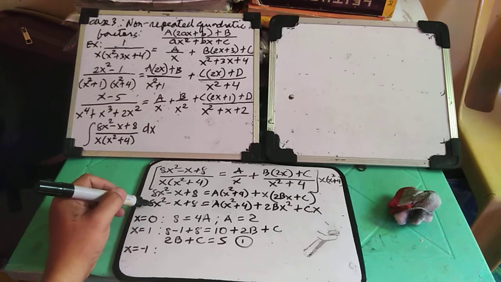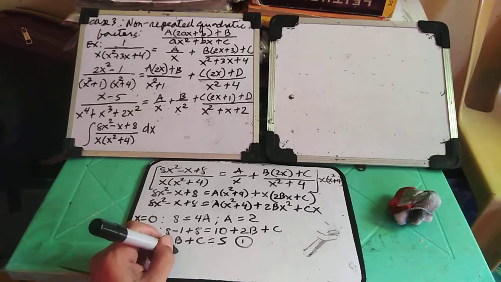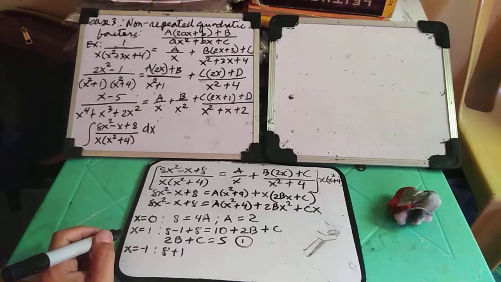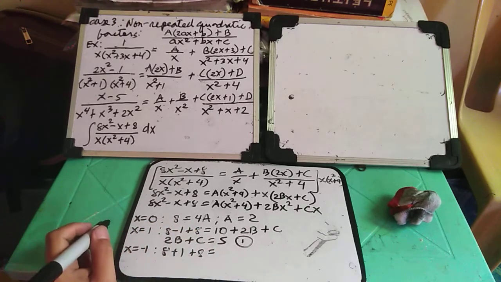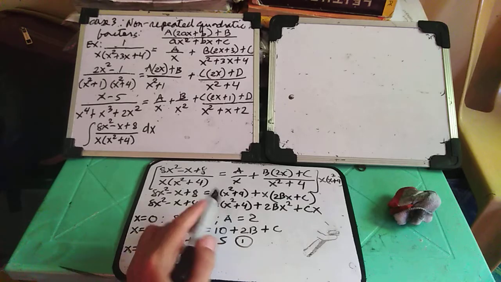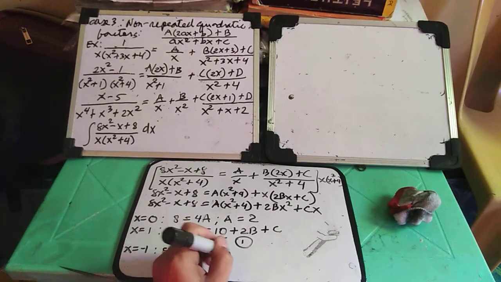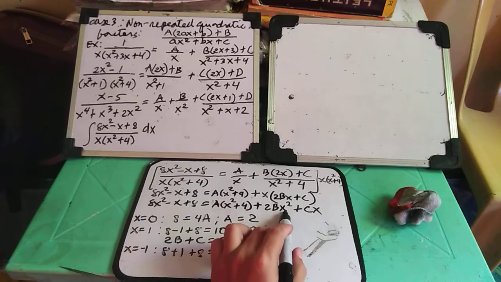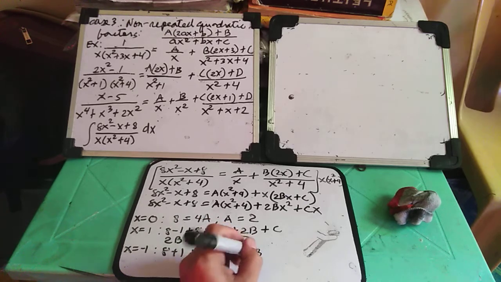So negative 1, still 8. Negative 1 times negative 1 is positive 1. 8 plus 8 equals, so this is 5 again, times 2, 10. Then x is negative 1, so positive 2b.